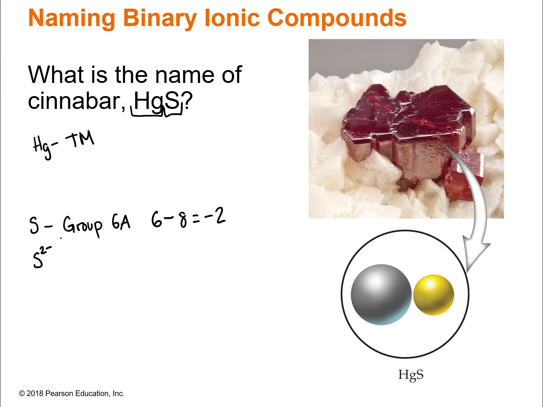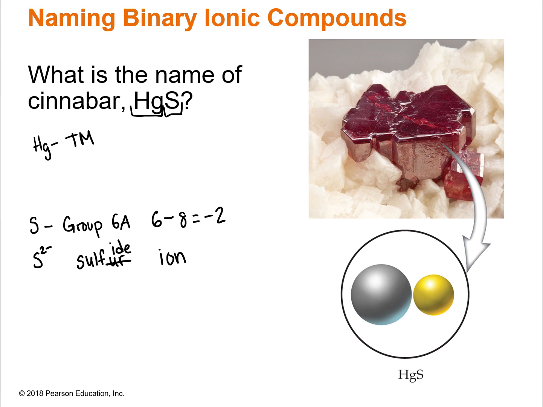So the anion that we're naming is S2-. We take the root, which is sulf. We add IDE, followed by the word ion. Now let's go back to the mercury.